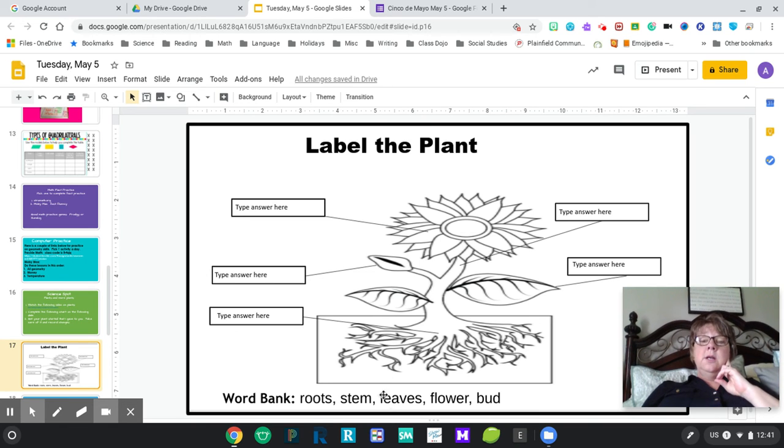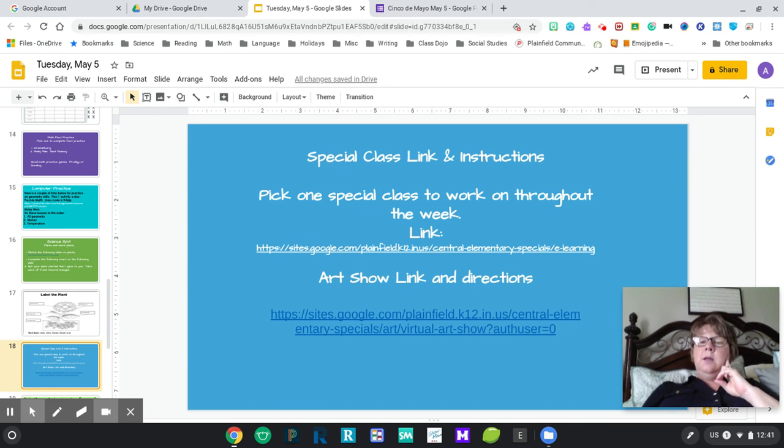And right here is labeling the plants. So all you're going to do is type, if that's the root, you're going to type it there. If it's a stem, you're going to type it there. Okay. And again, like I said yesterday about the special link class, if you have any questions about the art show link, be sure to email Miss Loudermilk about that. Okay.